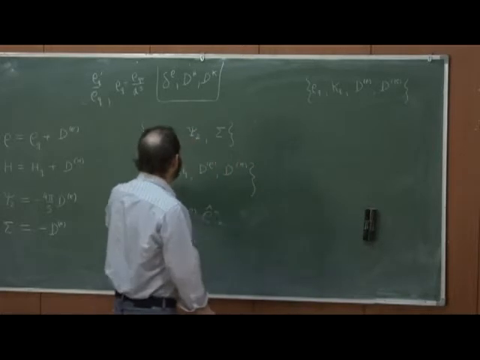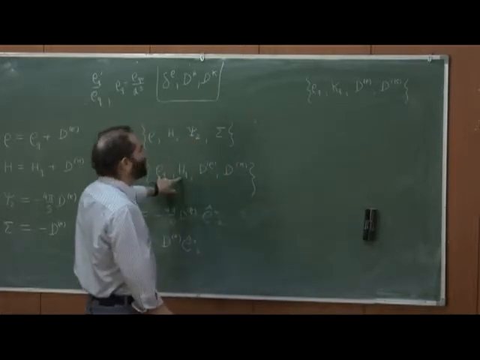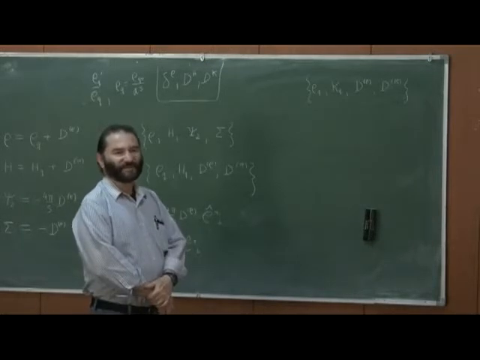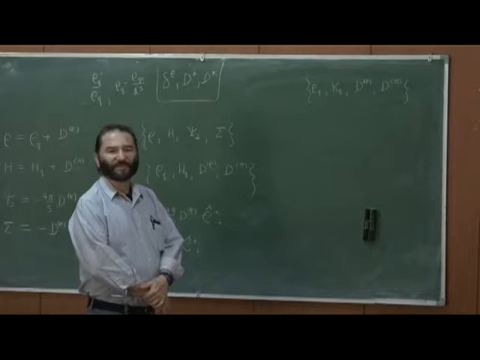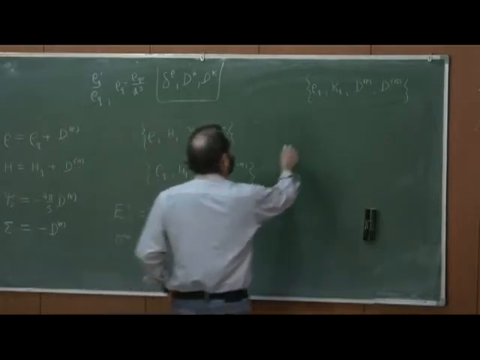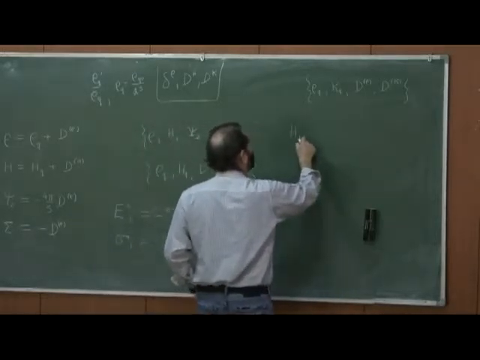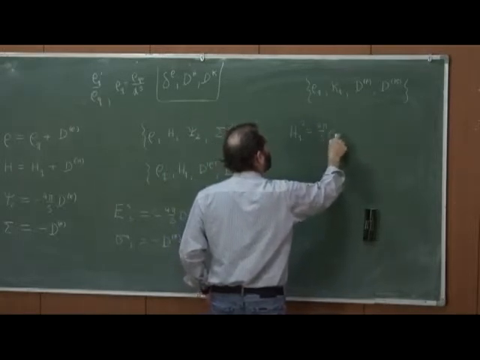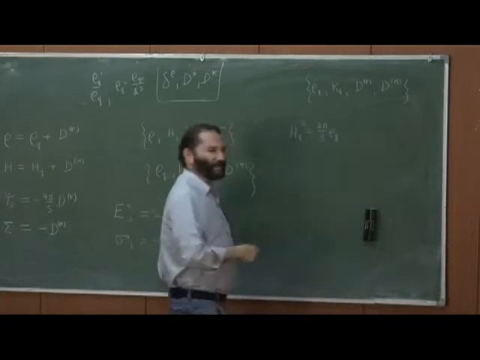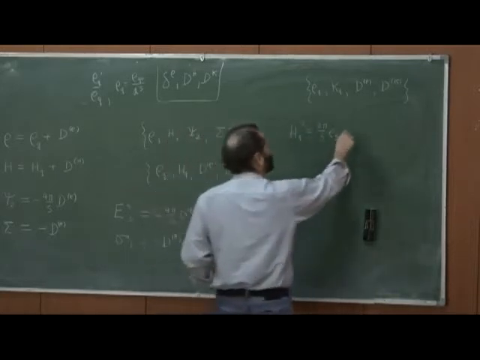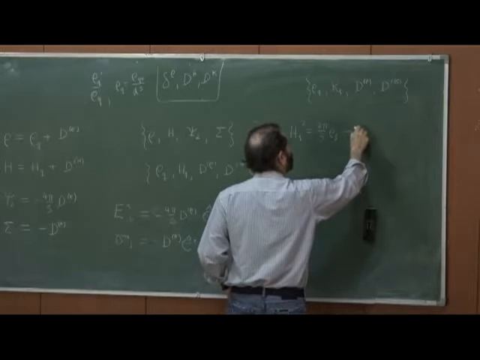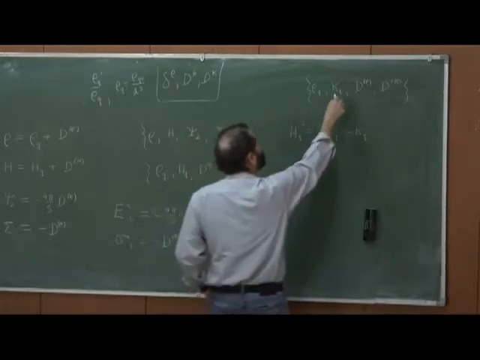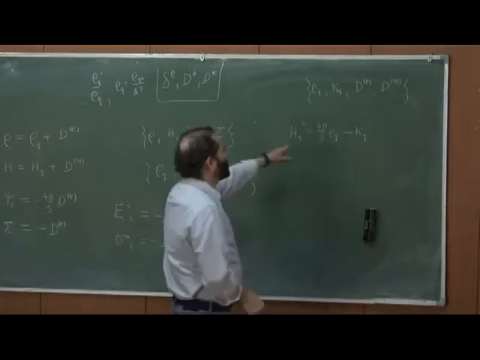Well, we need an expression that will relate these two with those two. And what's this expression? The Friedman equation, right? Because we have this relation. Let's take the cosmological constant to 0 for the moment. Right? Let's take it for the moment.